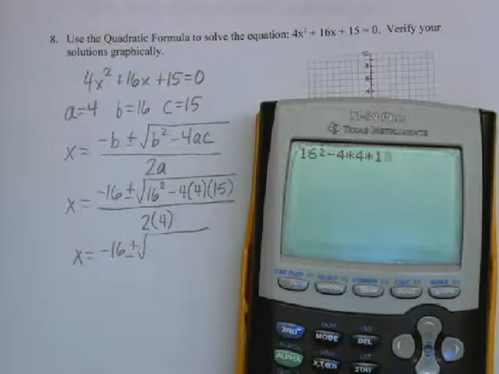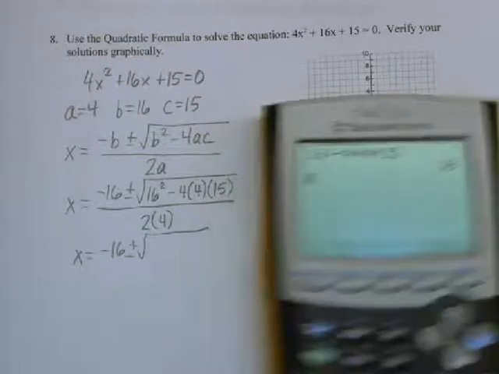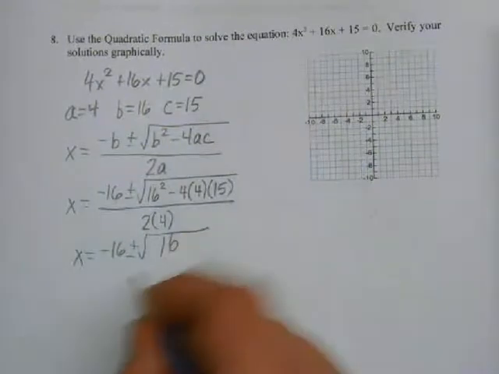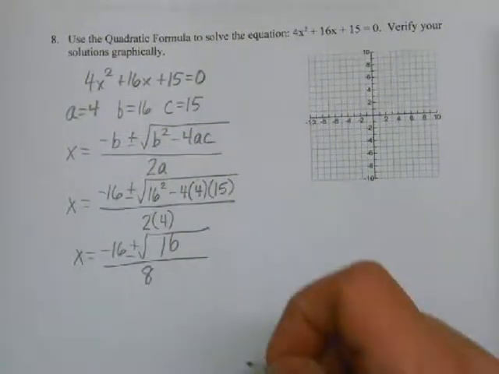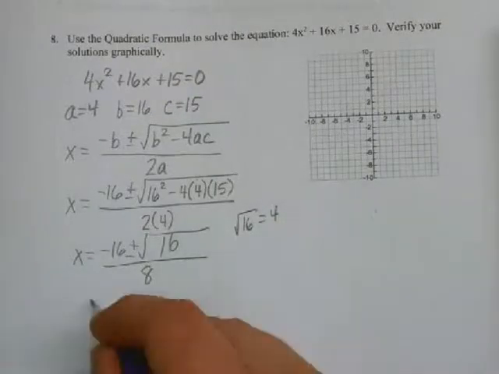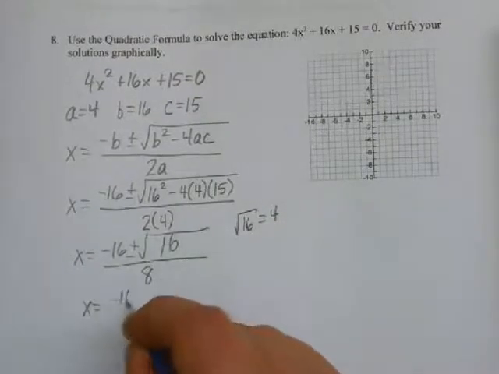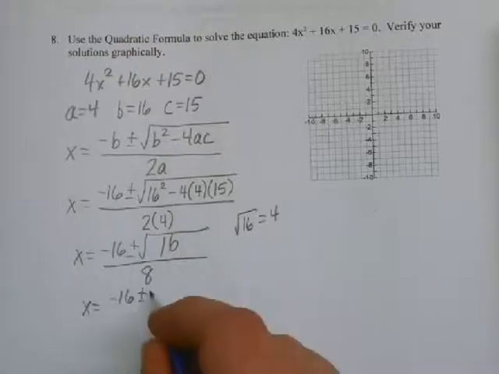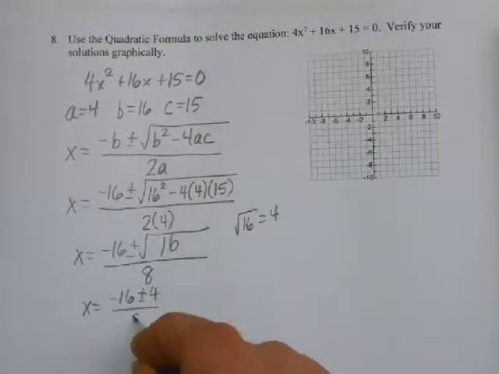Okay, so inside the radical you get 16, and we divide by 8. Well, since radical 16 is equal to 4, we can rewrite this as negative 16 plus or minus 4 divided by 8.